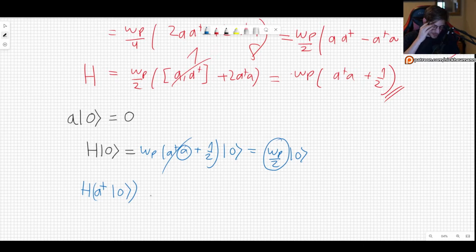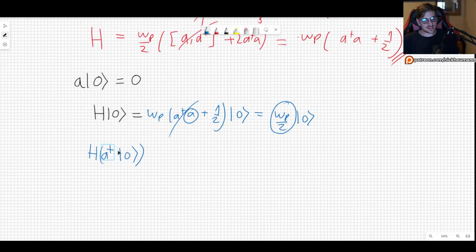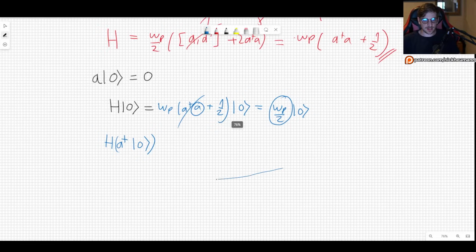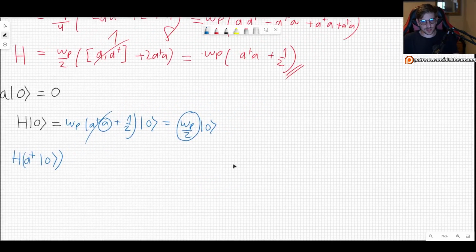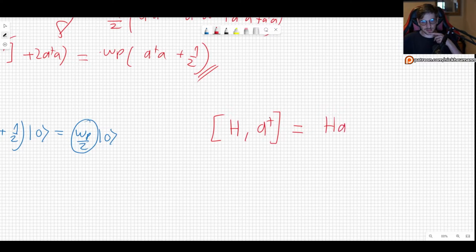Well, for that, it's very useful to know the commutator between H and a dagger. Why? You will see it in a moment. So maybe let's go to the side. We wonder, what is the commutator between the Hamiltonian and the raising operator? Well, this is simply Hamiltonian times a dagger minus a dagger times Hamiltonian. But what is the Hamiltonian?